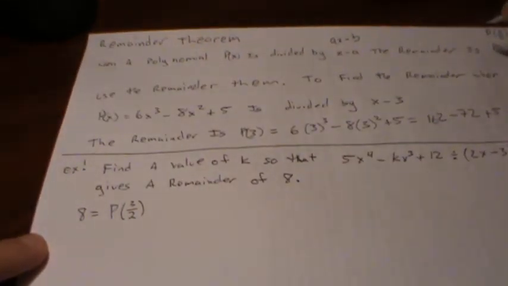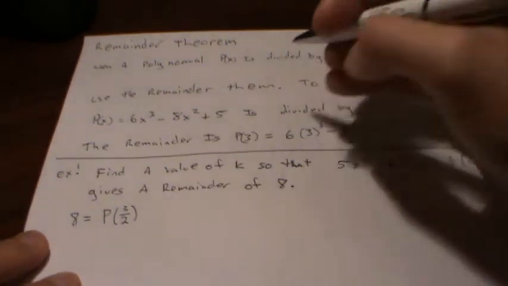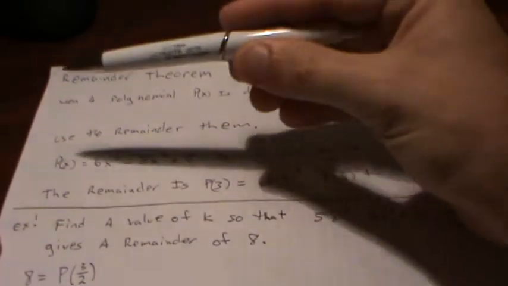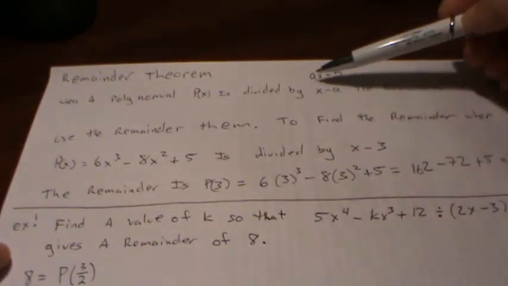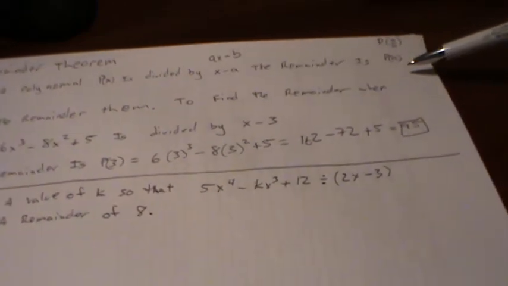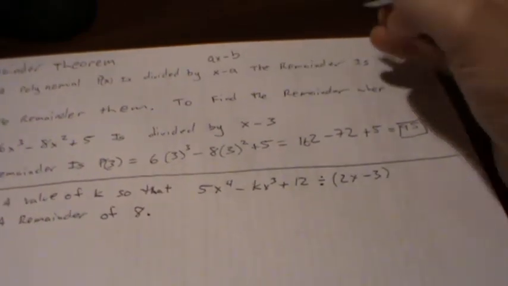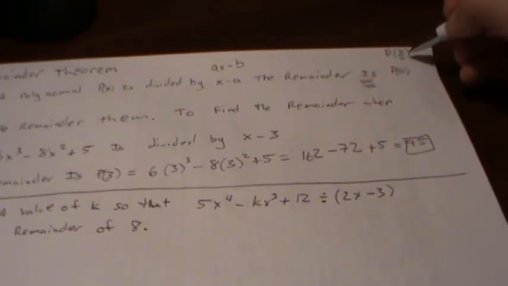And so this is basically the end here. It says when a polynomial p of x is divided by ax minus b, the remainder always is p of b over a.